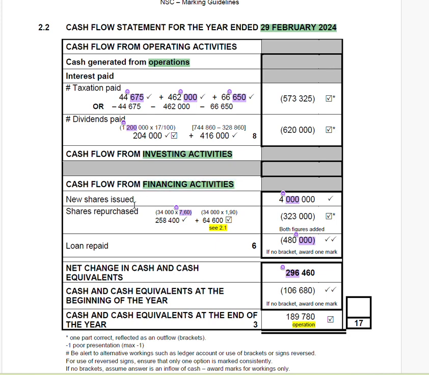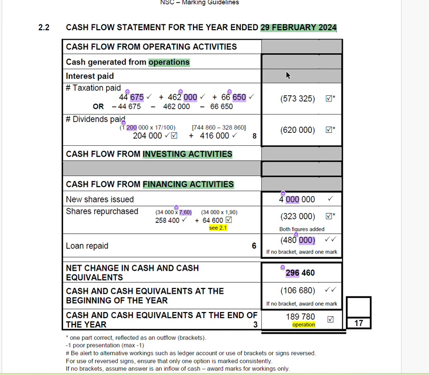Now that we have looked at the cash flow statement and we understand it is broken down into three, let us look at what we have in each category. When we're looking at the first category, interest paid, there's no amount for it. Why? Because they didn't tell us much about interest. The only information that we are told about interest is that there was 685,000 that was capitalized.